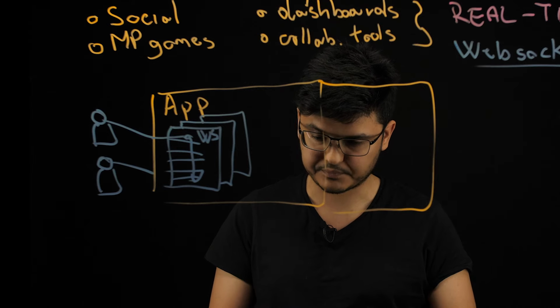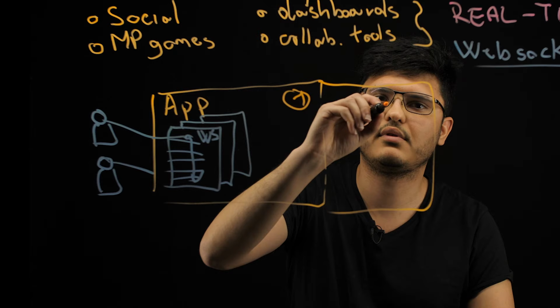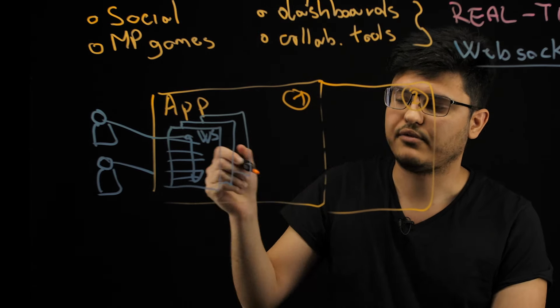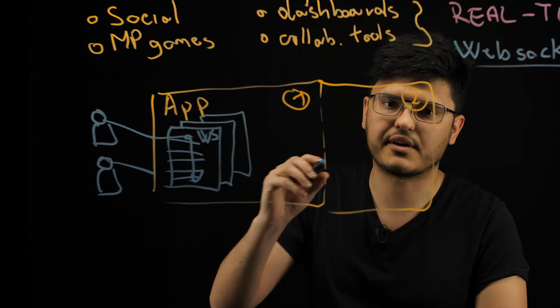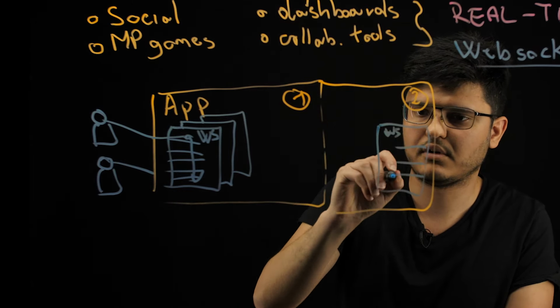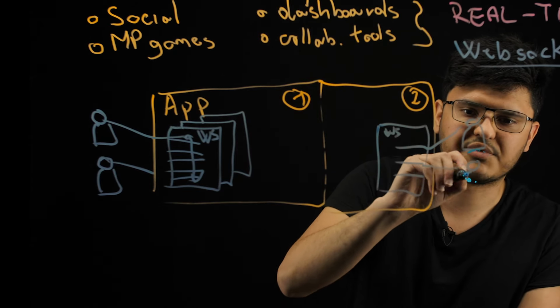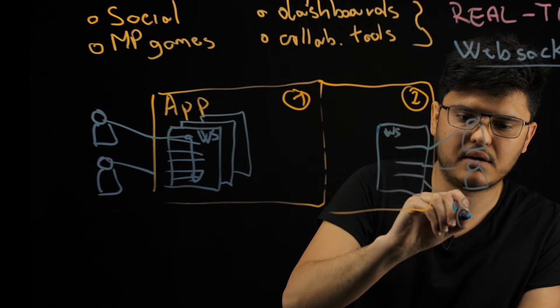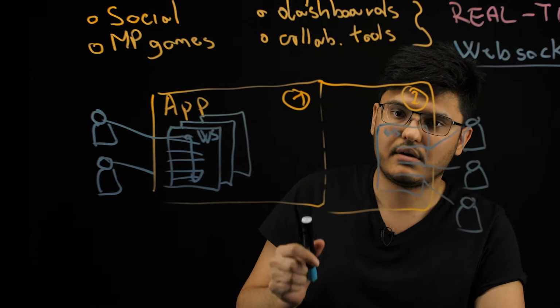So this is instance 1, for example, and this is instance 2. And of course, instance 2 will have its own list of WebSockets, right? So here it is, all the entries that correspond to its own WebSocket clients.